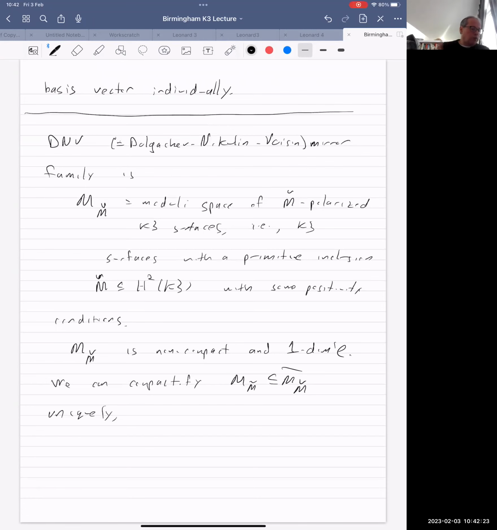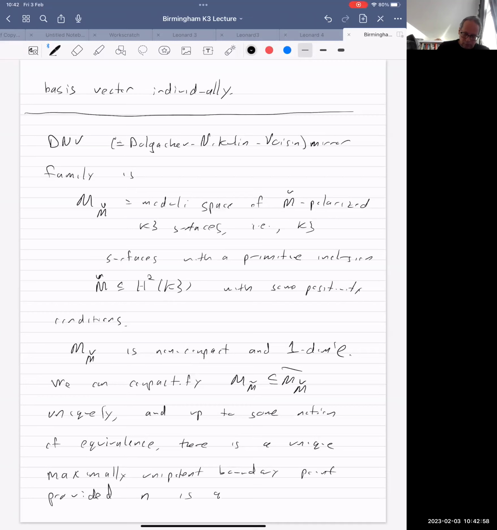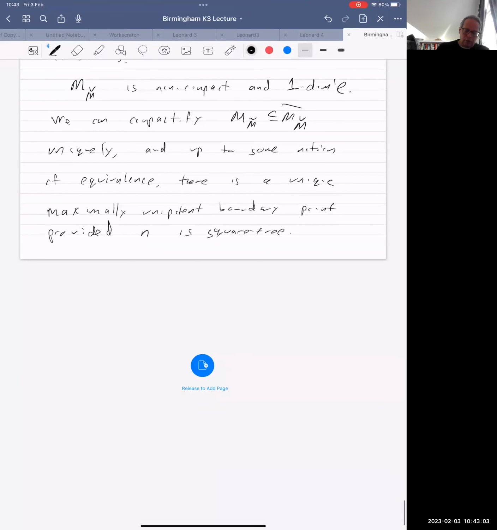Furthermore, up to some natural form of equivalence, there's only one maximally unipotent boundary point, provided n is square free. Again, this makes life a bit easier for us.